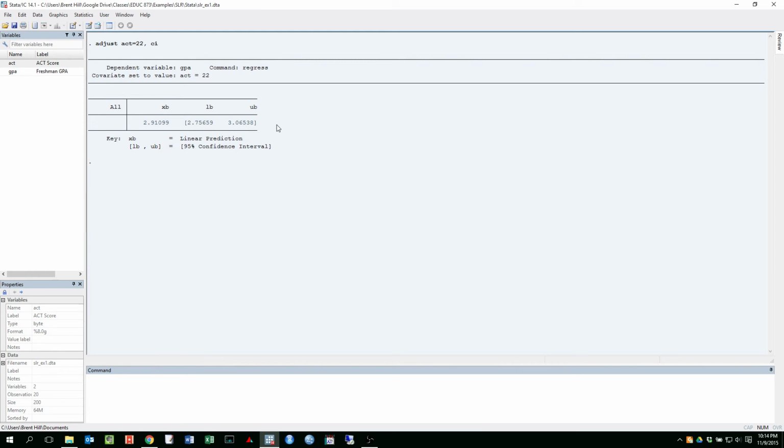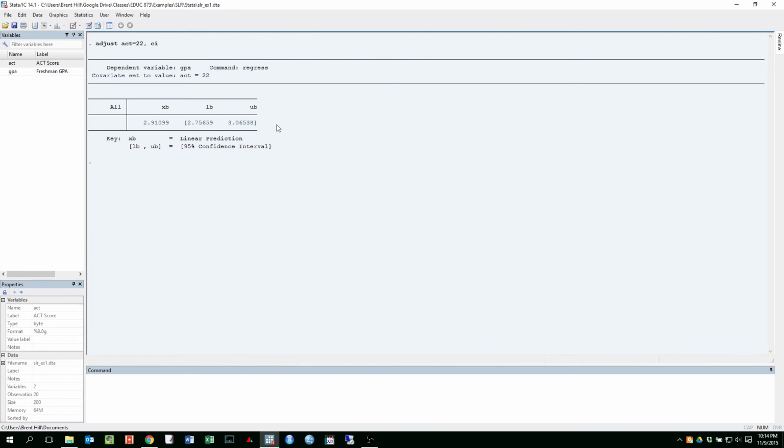So that's a long roundabout way of saying pretty much what we said earlier, but that is a more technically correct interpretation. But to say simply that we're 95% confident that the conditional mean of GPA at the condition of ACT equals 22 is somewhere in these bounds of 2.76 and 3.07.